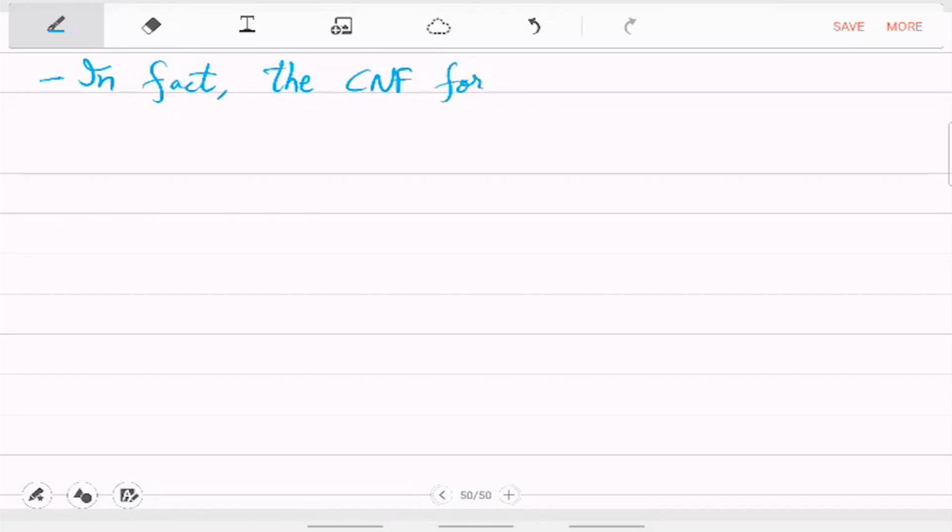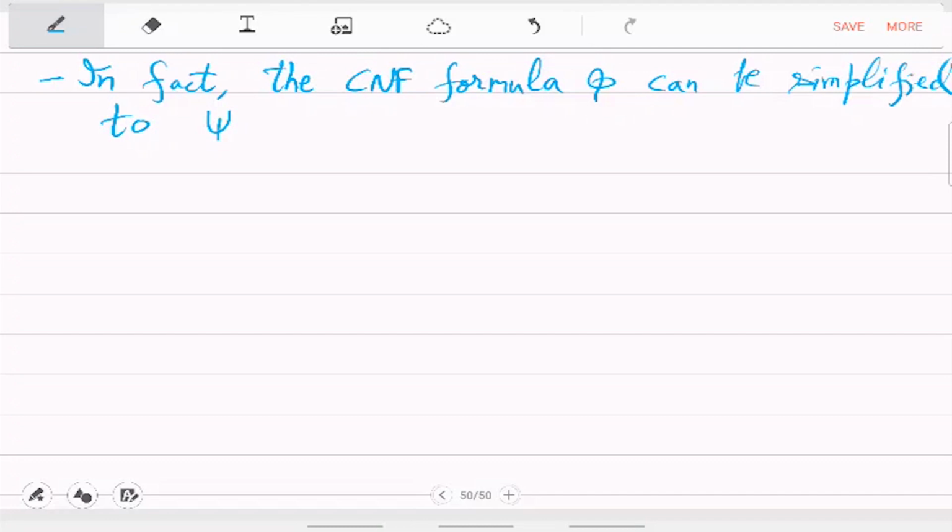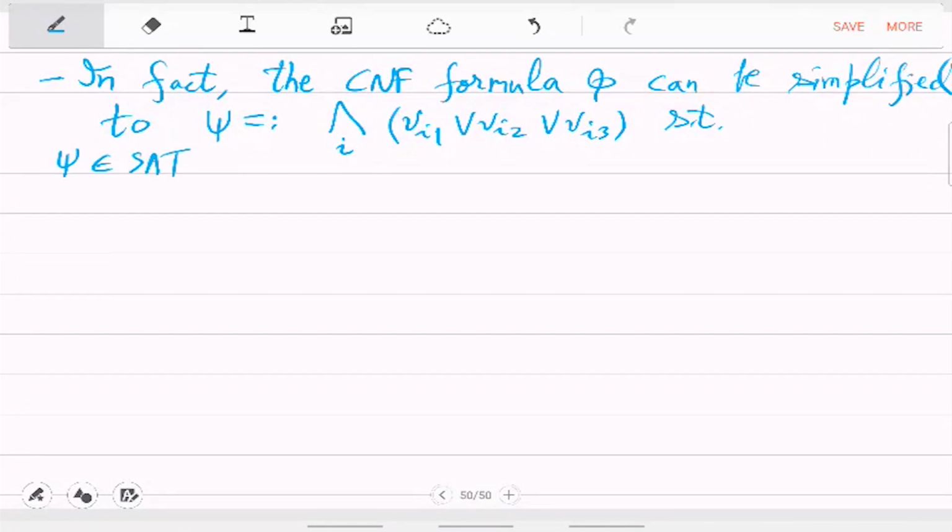The CNF formula phi can be simplified to psi, which has clauses with only 3 literals, such that psi is satisfiable if and only if phi is satisfiable.